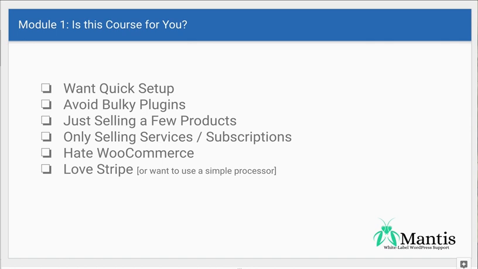And this is just kind of a bullet list that will determine if it is, right? Do you want a quick setup? Are you like me? Do you want to avoid these bulky commerce plugins like WooCommerce that have all these other features, but really you just need this one feature?